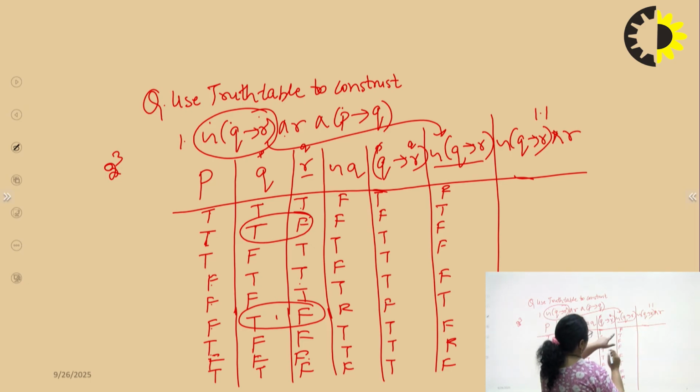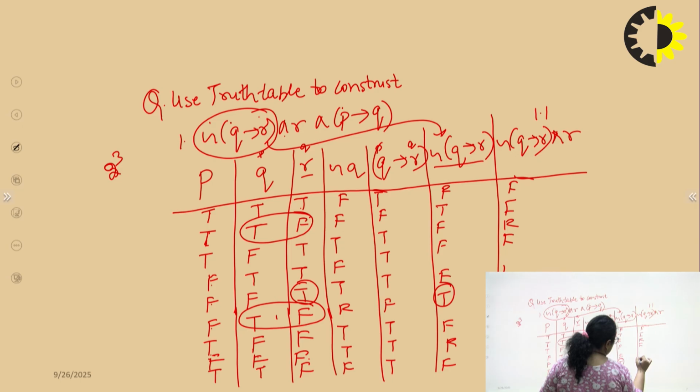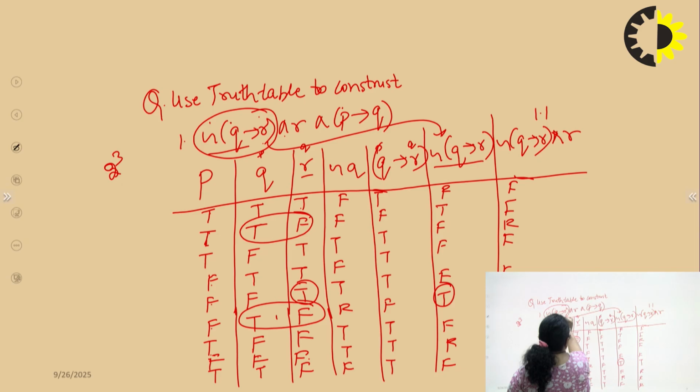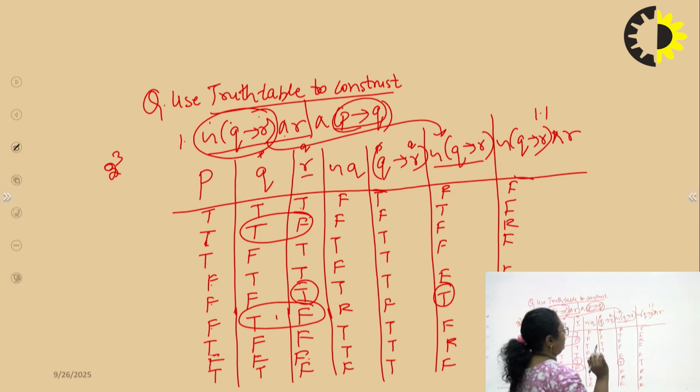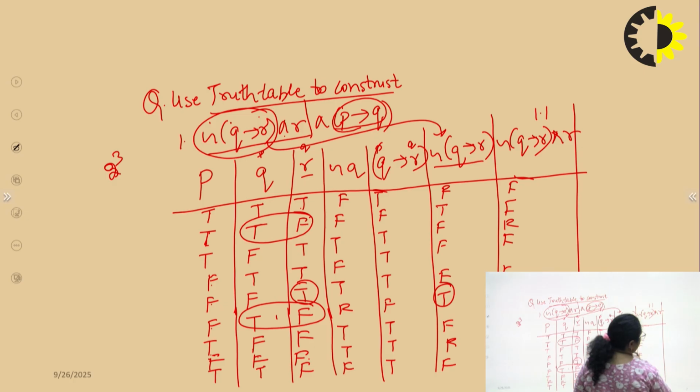So true, false, false, false, true, false, true, false, false. So we have only this case where it is true, true. Rest it is false for all the values. So now we have calculated up to this part. The same way, you have to calculate this part, and in total you have to do the intersection for the whole part. Just try it yourself.